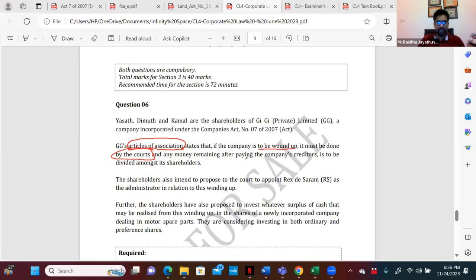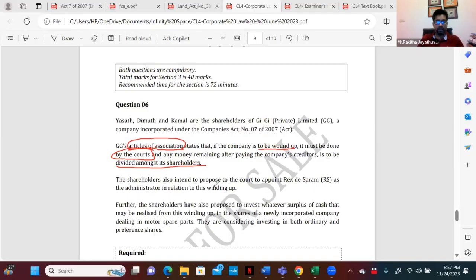And the money remaining after paying the company's creditors is to be divided among its shareholders. Even though they don't mention this, you are very well aware as accounting students that when a company is liquidated, first you have to settle all the external liabilities. After that, any remaining funds must be distributed among the shareholders of the company.